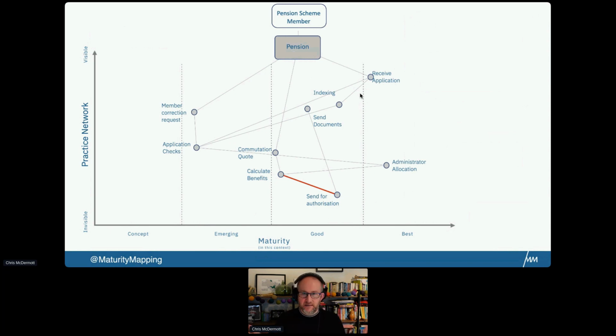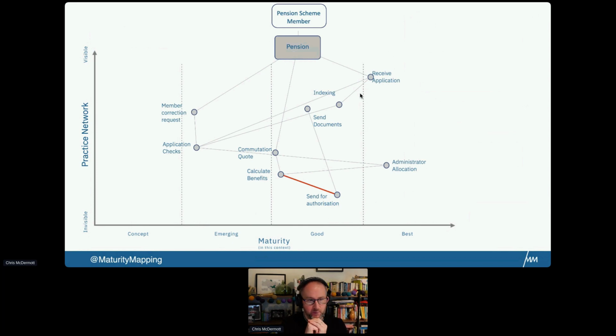Then we map the rest of the practices following the same way we would normally map things on a Wardley map. Again, when I say the same way, it depends on the context and how we would bring things to a map. Complex networks, we tend to bring one at a time and establish connections. More understood value chains or value streams, we can bring over in larger batches and look at them and bring them onto the map.